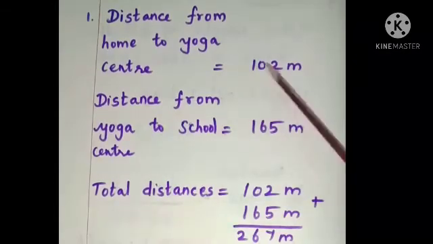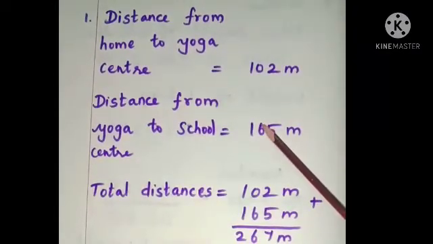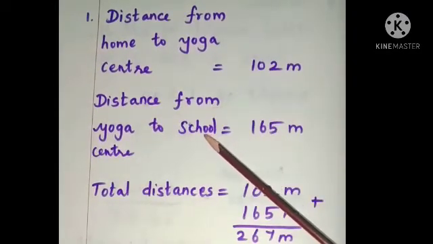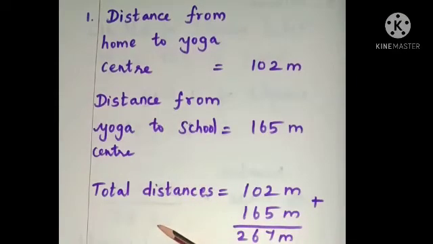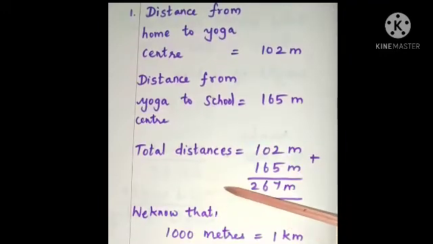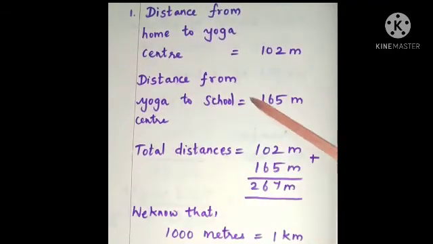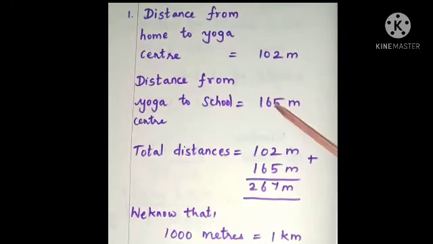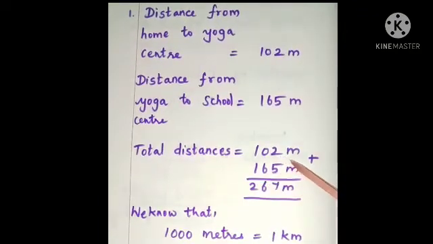So you have to add these two values. Total distance travelled by Prabhu in kilometers in decimal form. So children, in decimal form we have to write the answer. To find the total distance, we have to add these two values, that is 102 meters plus 165 meters.